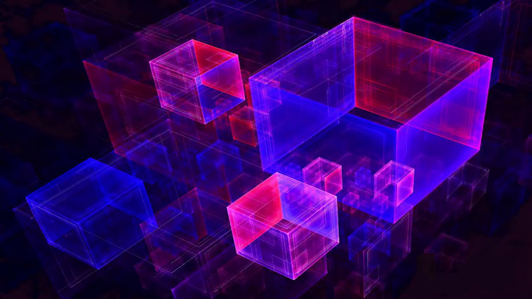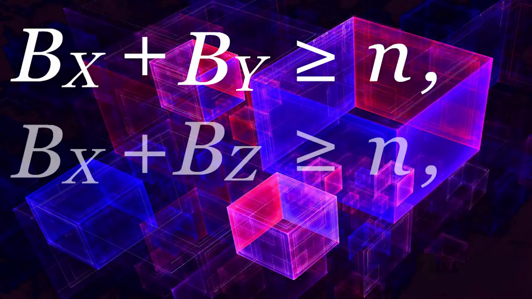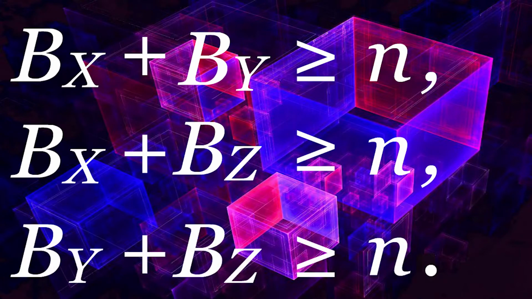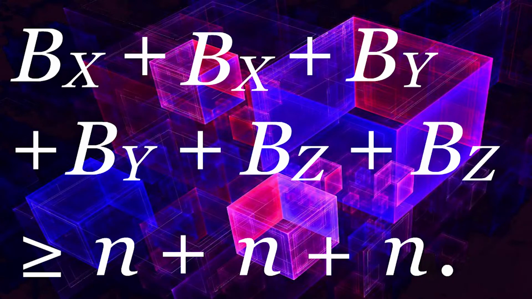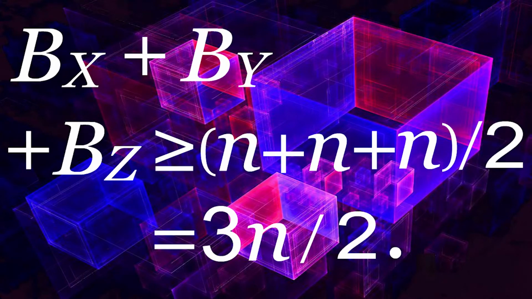At this stage, our approach is to show that the sum of the numbers of any two types of beams is greater or equal to n. If we add all these inequalities, and then divide by 2, we immediately obtain that we have at least 1.5n beams, as needed.